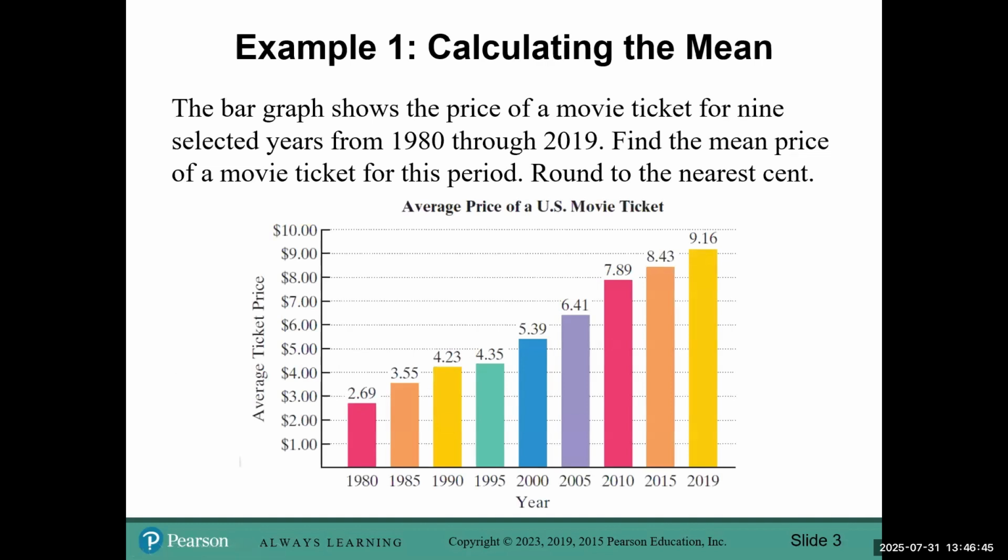Here we have a graph which shows from 1980, almost every 5 years, because it ends in 2019, the price of a movie ticket for those 9 different years from 1980 running up through 2019. So from $2.69 in 1980 all the way up to $9.16.